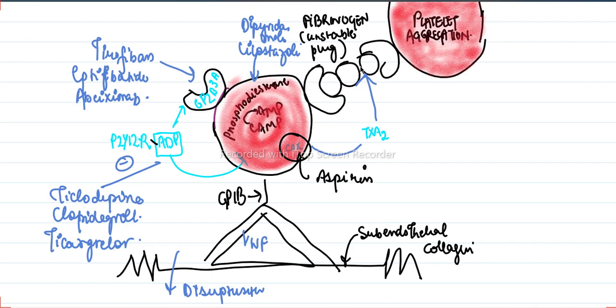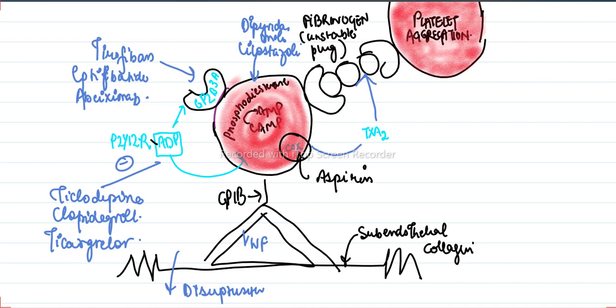Inhibitors of phosphodiesterase include dipyridamole and cilostazol; for GP2B3A, tirofiban, eptifibatide and abciximab; and ADP receptor inhibitors include ticlopidine, clopidogrel and ticagrelor.